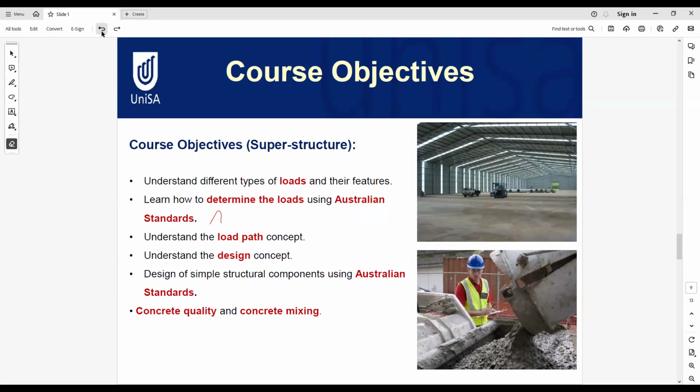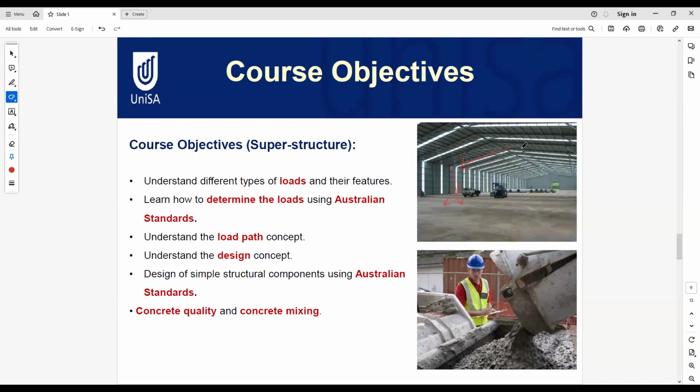Okay, and also we will be looking at the load path concepts, how the load is transferred between the members until reaching the ground. As you know, the load needs to be transferred to the ground. So we will have load traveling in the rafter, for example, then to the column, then to the footing, and the footing will distribute it to the soil.